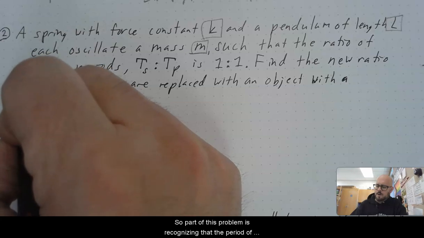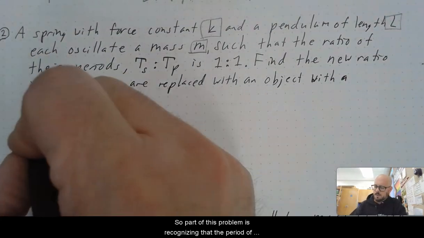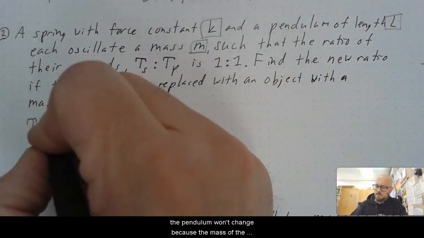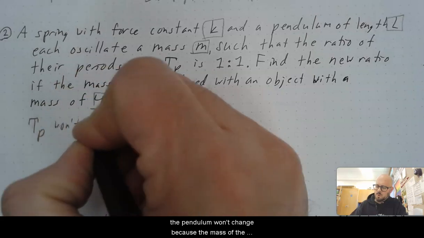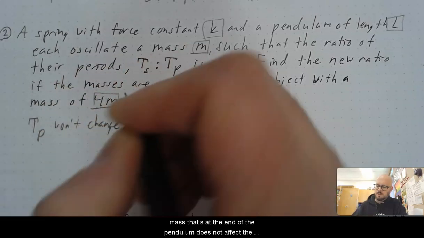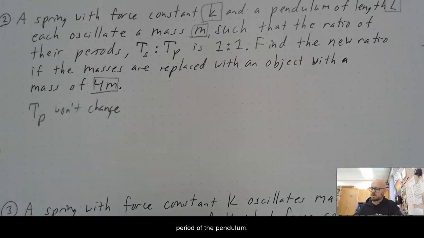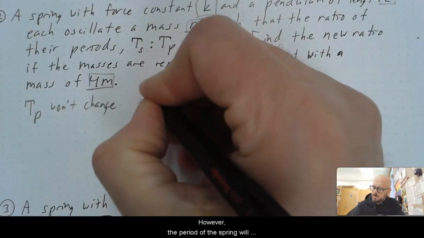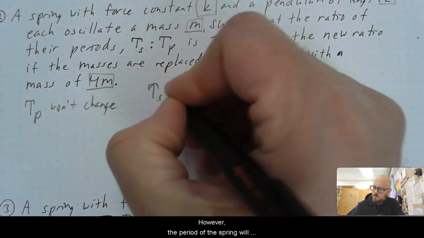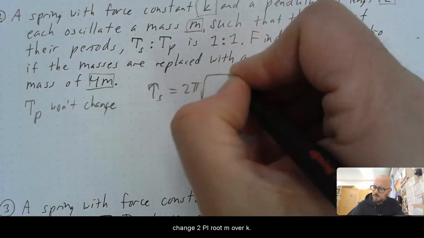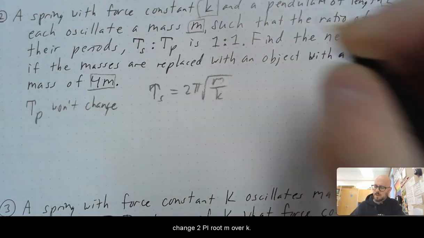So part of this problem is recognizing that the period of the pendulum won't change, because the mass at the end of the pendulum does not affect the period of the pendulum. However, the period of the spring will change, 2 pi root m over k.